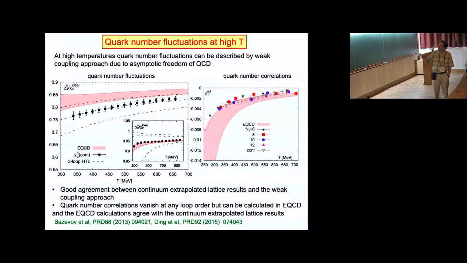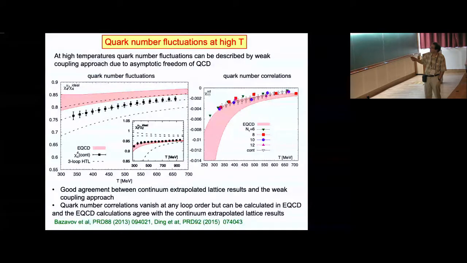So it's totally non-perturbative in terms of EQCD, but if you do a non-perturbative EQCD calculation, you actually can find what it is, and that is shown with this red band overlaid with the continuum extrapolated lattice result, as well as the lattice results at different lattice spacings, which are the colored symbols.